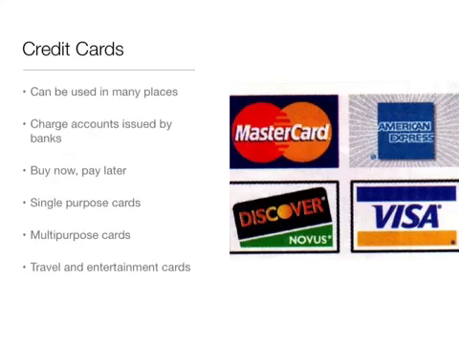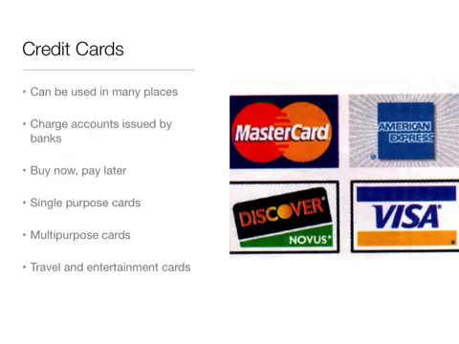Like charge accounts, they can be used in many different places; credit cards can be used anywhere. Credit card companies earn money from the interest when you buy something, and credit cards are issued by the banks. Credit cards are a buy now, pay later thing. Say you go into a restaurant, you buy your dinner with your credit card, and you'll have to pay it off at the end of the month.